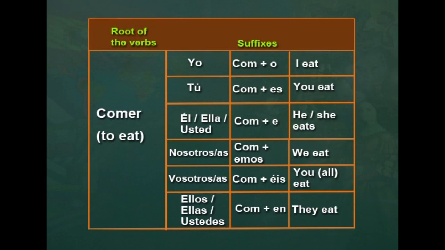Next verb is comer, to eat. This verb has the root com, C-O-M, and we will add the suffix to it. Yo como, I eat. Tú comes, you eat. Él, ella, usted come, he eats, she eats, you eat.